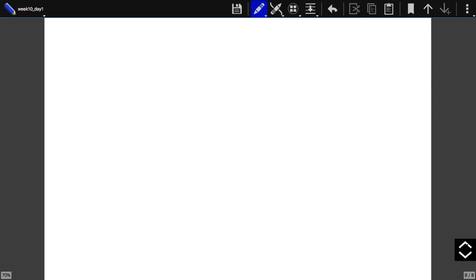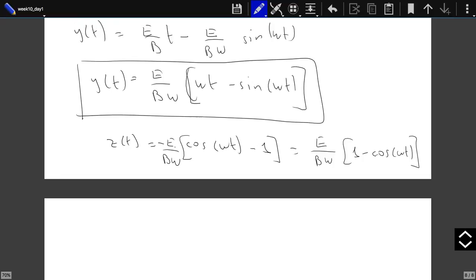Now we can do a bit more than this. Let's look at this one: y of t minus E t over B, squared, plus z of t squared.